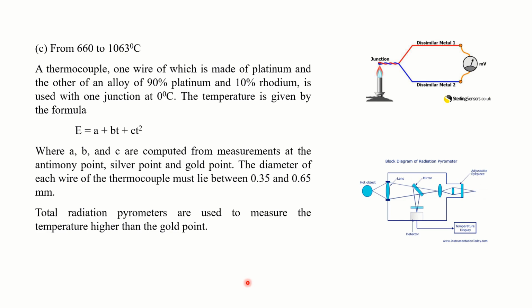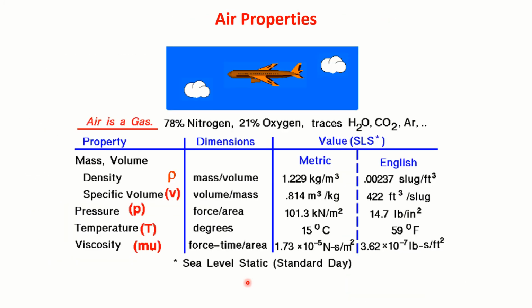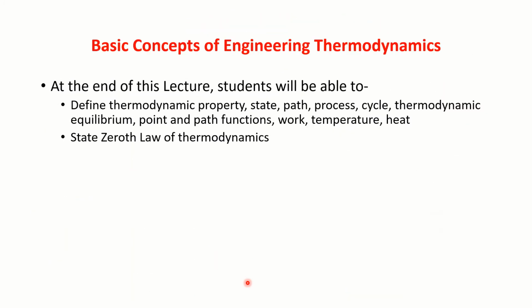This is how the temperature can be measured. So in this session, I hope you have understood the meaning of thermodynamic property, intrinsic property, extrinsic property, intensive property, extensive property, and all that. What is the state of a system, and how do we represent it on a coordinate system?